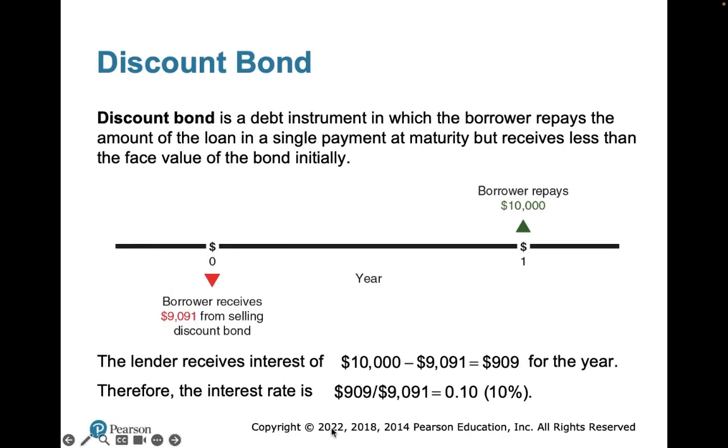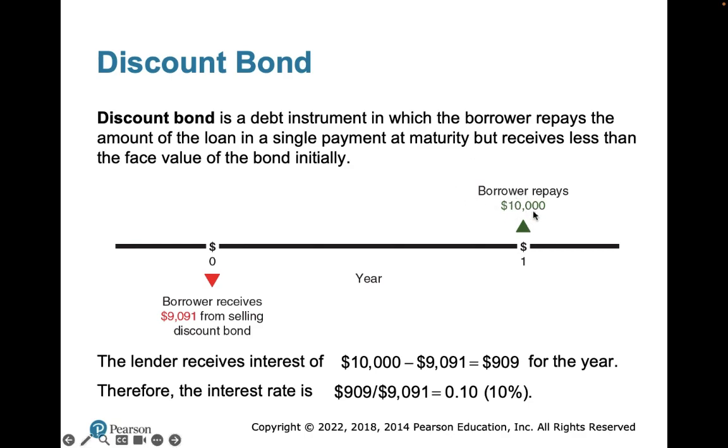So we're going to look at the discount bond. This is different from the simple loan. It's a debt instrument in which the borrower repays the amount of the loan in a single payment at maturity, but receives less than the face value of the bond initially. The face value is 9,000, and when you want to pay back, you pay 10,000.